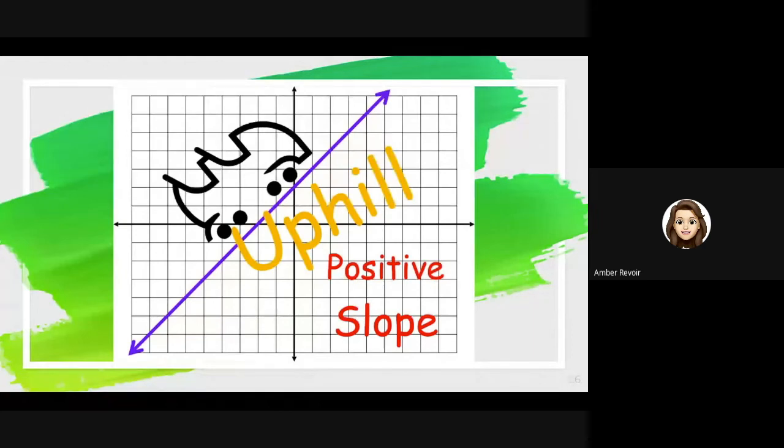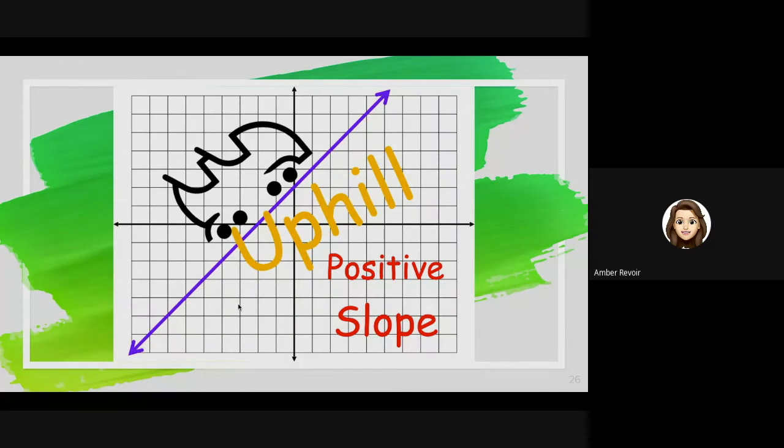As you're moving it across your graph, if that line is moving up the graph, then it is a positive slope. If the line is moving down as you move the pencil across the graph, it is a negative slope. You can do the same thing with your finger, marker, whatever.